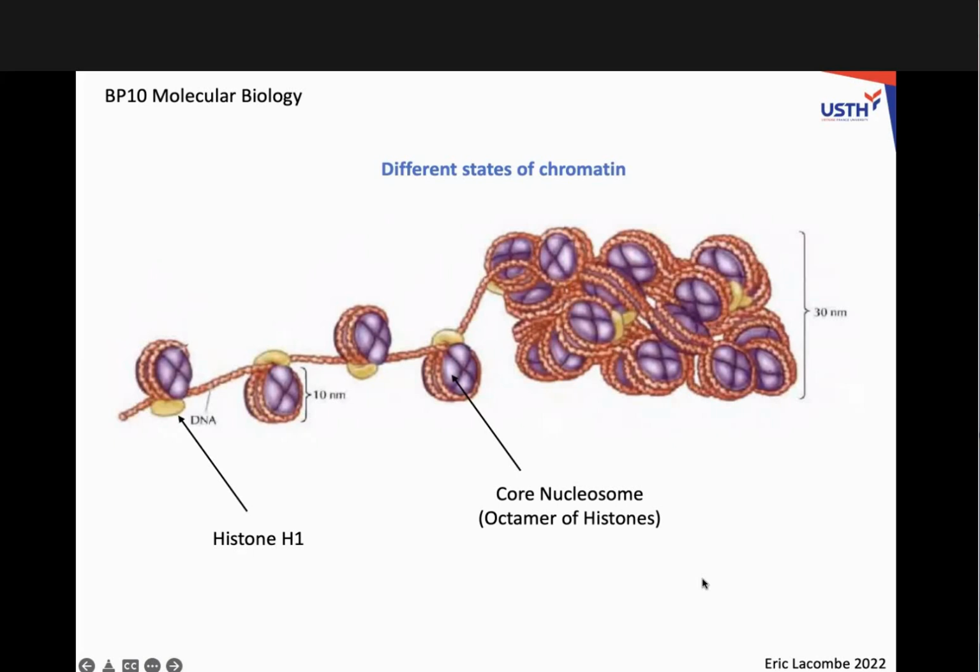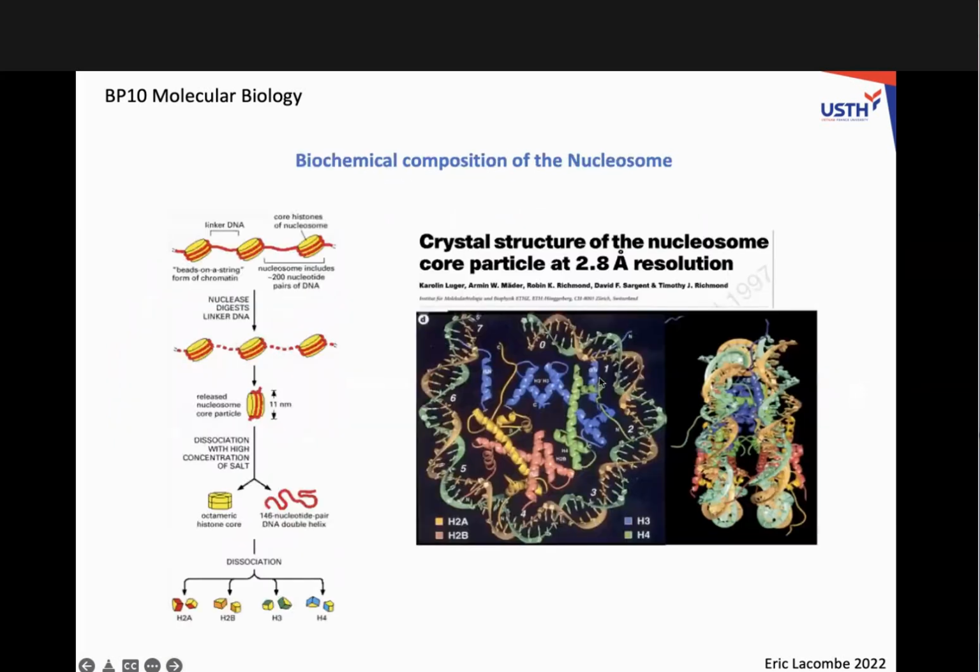So as I was telling you, we are going to see a little bit what's happening in terms of protein biochemistry on the histone proteins that are composing the nucleosome and that are directly responsible for chromatin compaction.